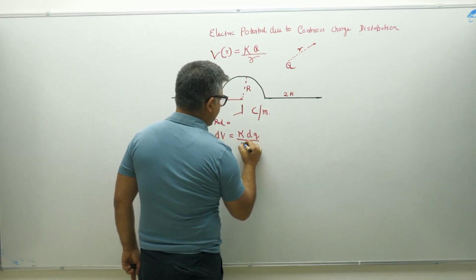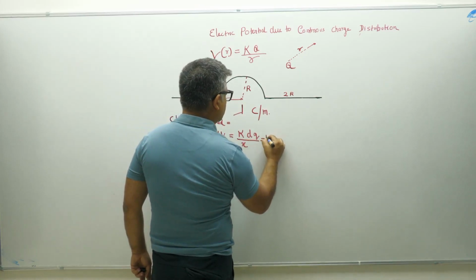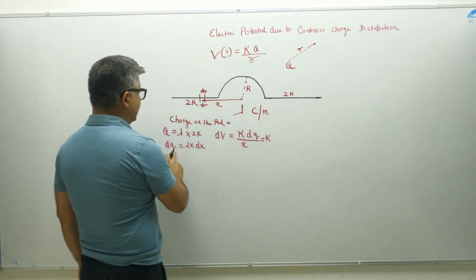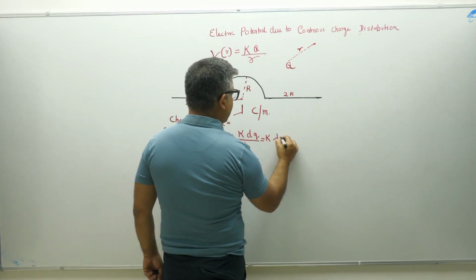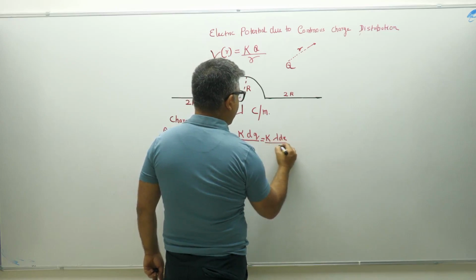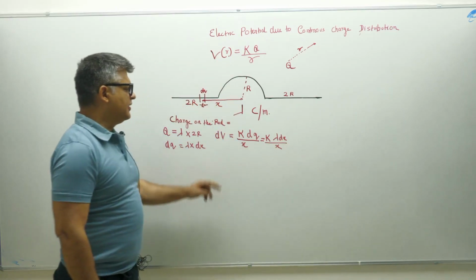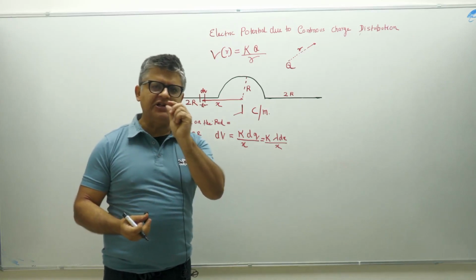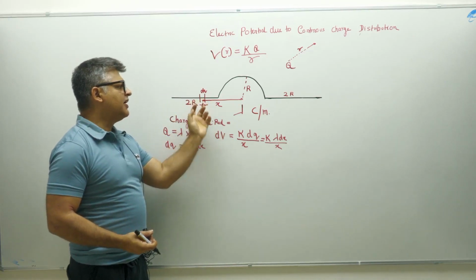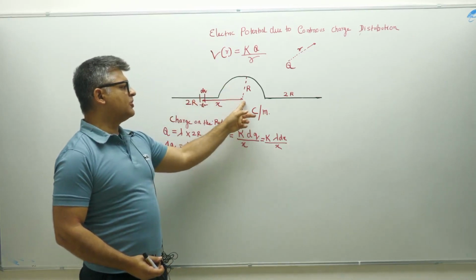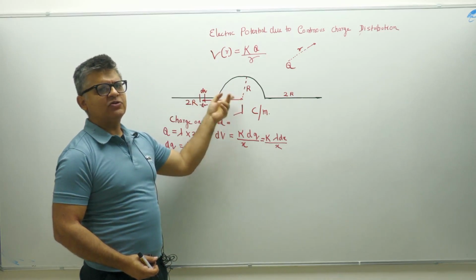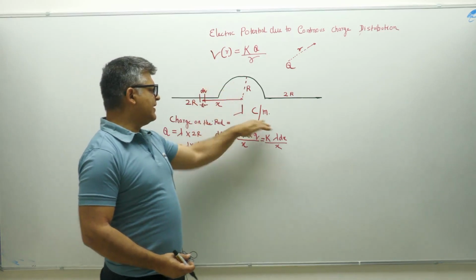This is k multiplied by dq, which is lambda dx, by x. So I have found the expression of the small potential due to a small charge at a distance x, and we were told to find it at the center of the semicircle. So this is my dV.